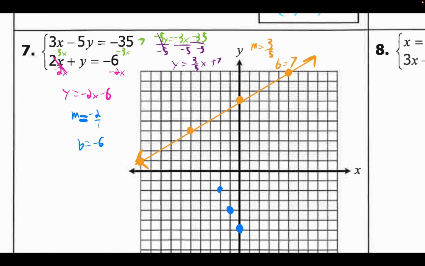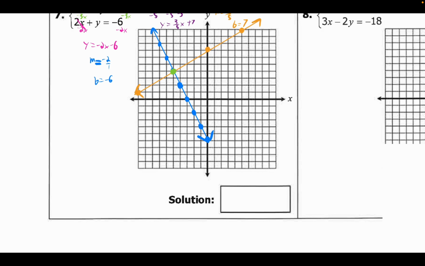There is no use to go down to the right 1, however, because the other line it's going to intersect with is up here to the left. And then now I notice that my intersection is right here, and that is the ordered pair negative 5, 4. There we go. Finally, let me write it.